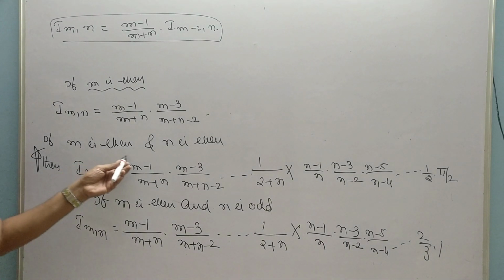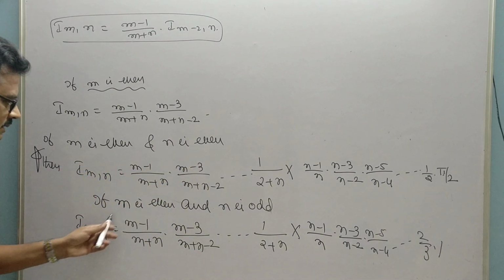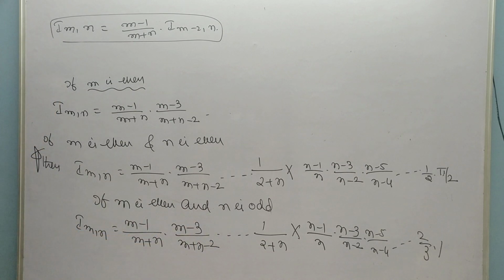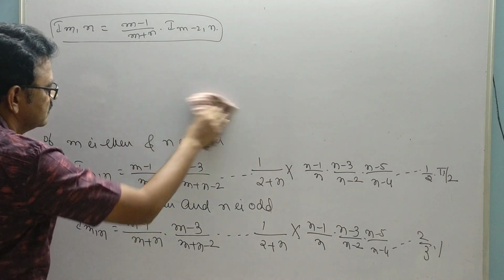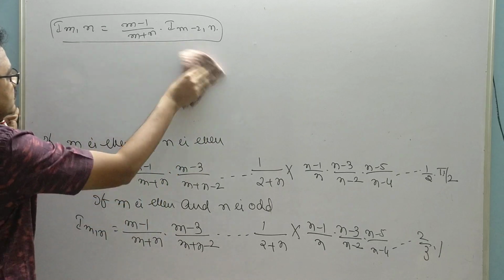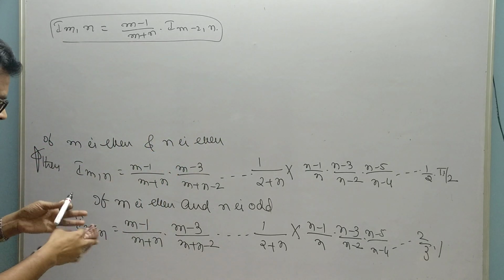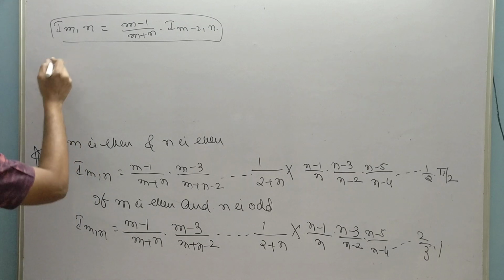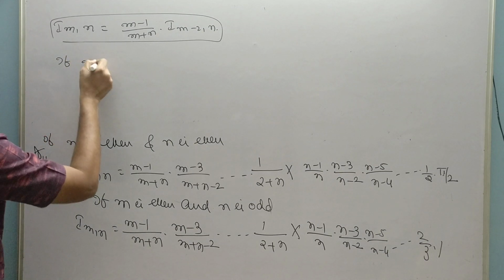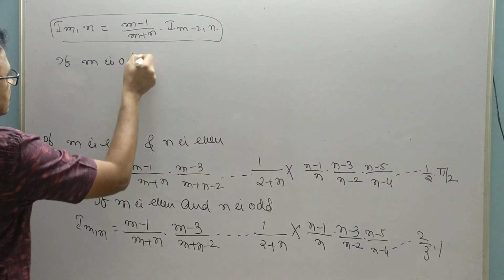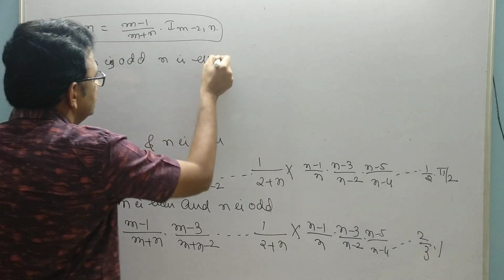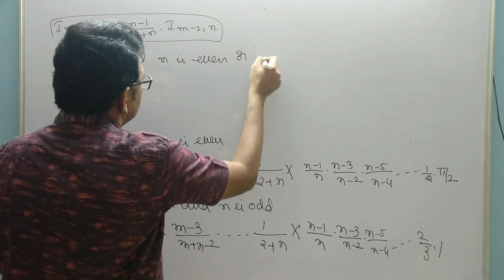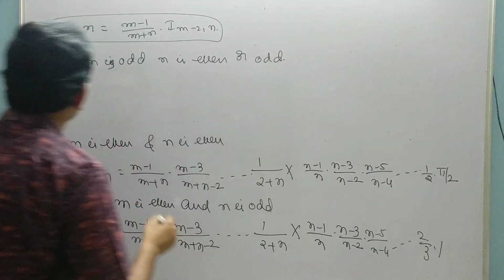So m is even, n is even. M is even, n is odd. Now I write that expansion also. If m is odd, n is even or odd, we have only one expansion.